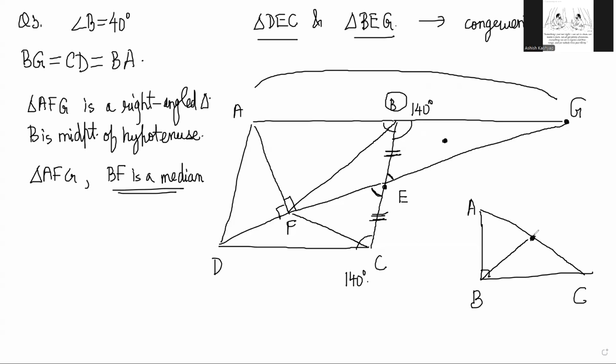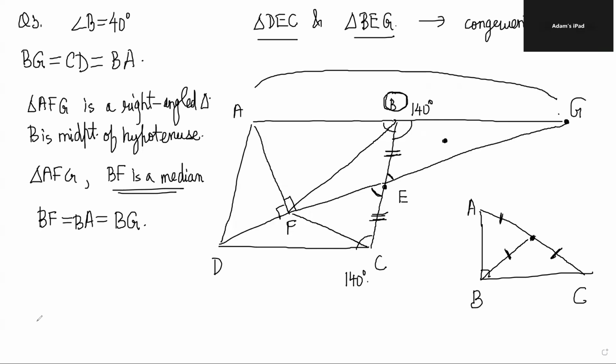So the midpoint of the hypotenuse should be equidistant from the three vertices, right? So in this right angle triangle, the midpoint of the hypotenuse is B. We already know BA is equal to BG. So it should also be equal to BF. BF is equal to BA is equal to BG.